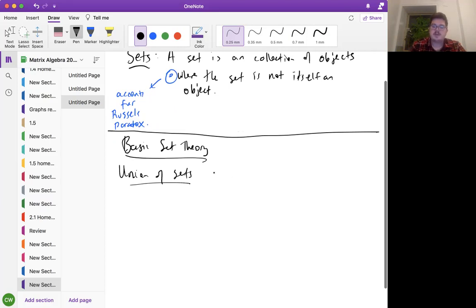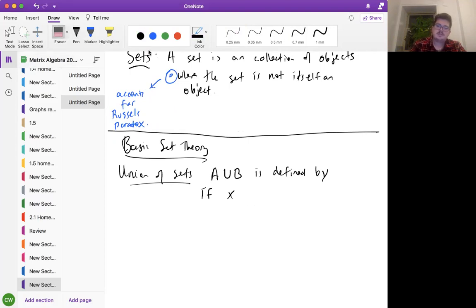A union B is defined by: if X is an element of A union B, then what do you know about X?